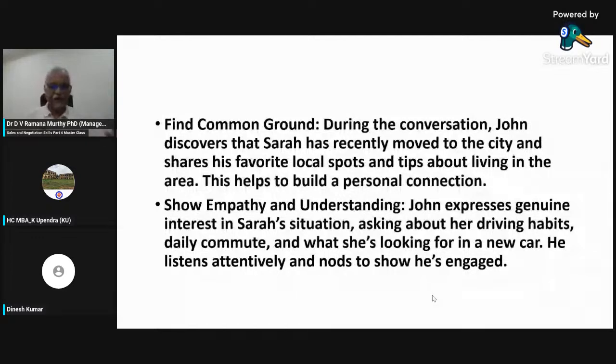So this helps to build a personal connection, mind it, a more intimate relationship where the conversations, negotiations can be in a very trusted atmosphere and climate.